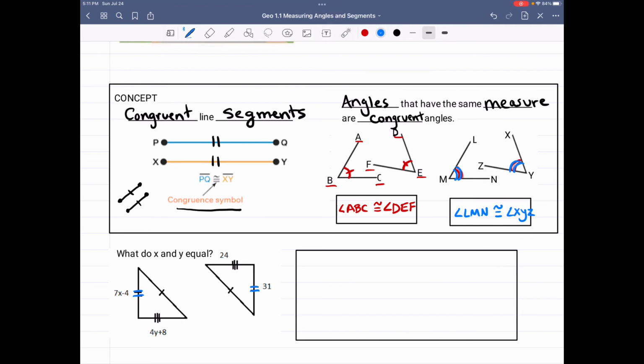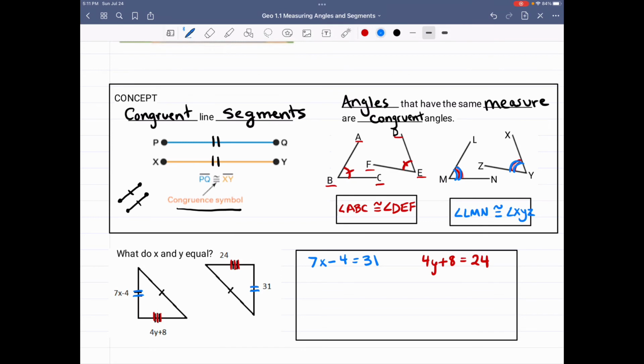They're congruent in measure. So 7x minus 4 is equal to 31. And on the other part of the triangle, we have 3 tick marks with a 24, and we have 3 tick marks with a 4y plus 8. So we can say that 4y plus 8 equals 24. Now we just have to solve for x and y.